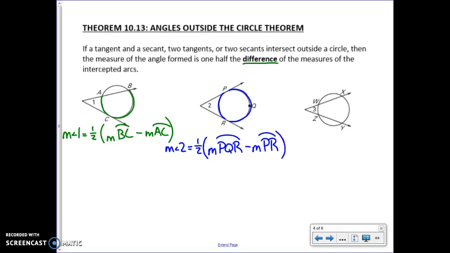Remember, we have to name with 3 letters. That differentiates those two. The final one we have has 2 secants. So the measure of angle 3 is equal to 1/2 the measure of XY minus the measure of WZ.